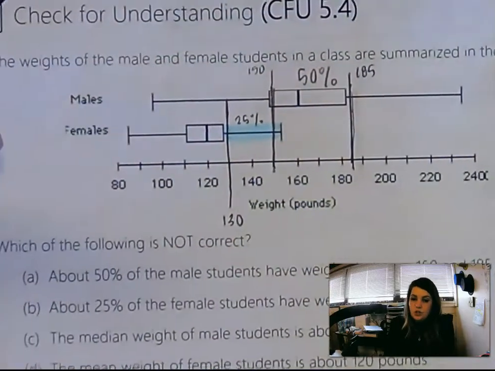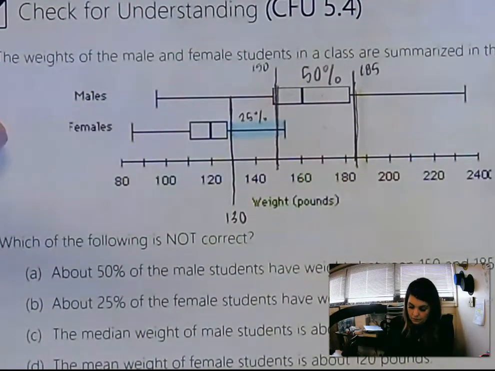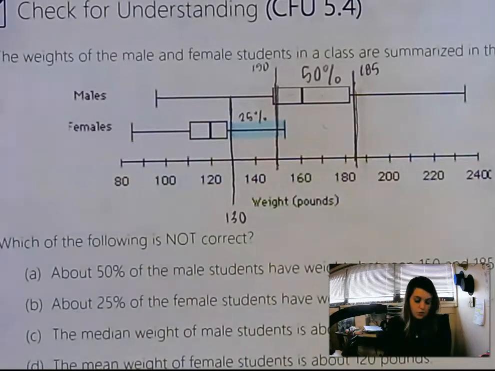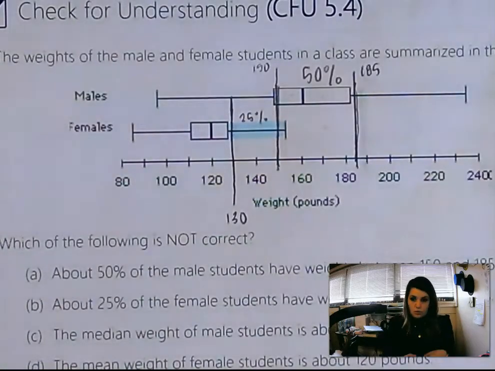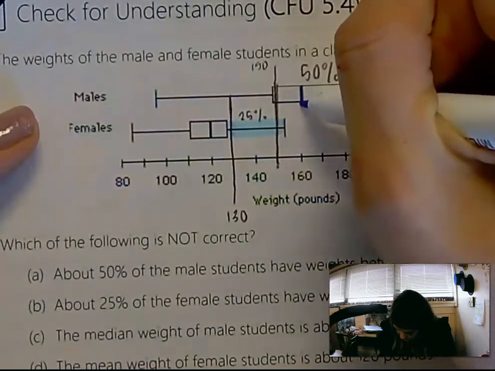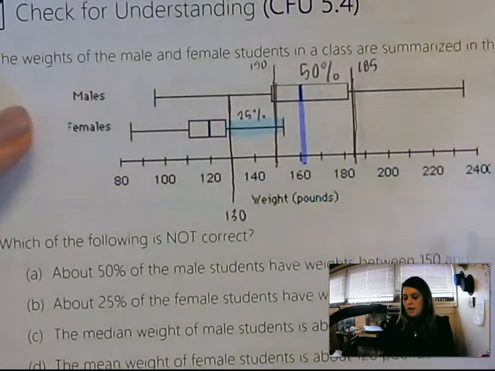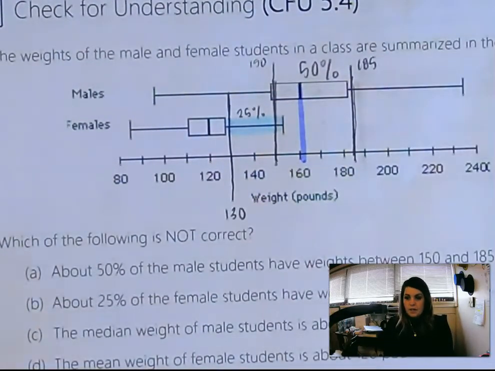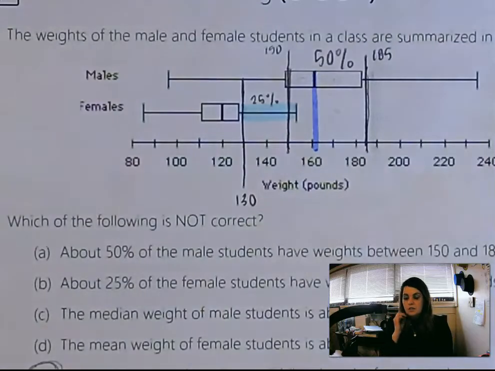So B is true. The median weight of the male students is about 162. So on this one, all you have to do is find your median and, as best you can, draw a line straight down from there. And for me, that does look to be true.